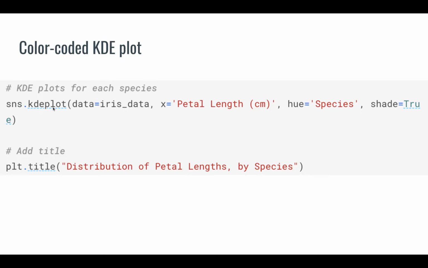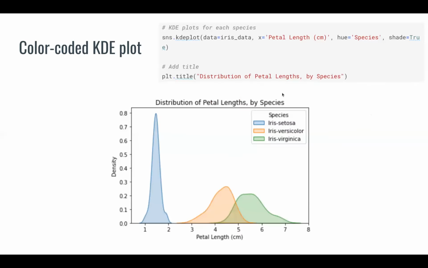So the functionality for data, x and hue are identical to using sns.histplot. Additionally, we can set shade to be true to color the area below the curve. When we do that, we will have a more smooth curve looking like this.